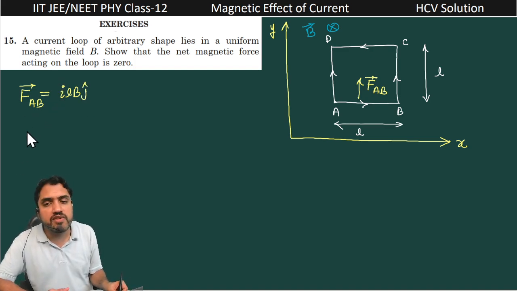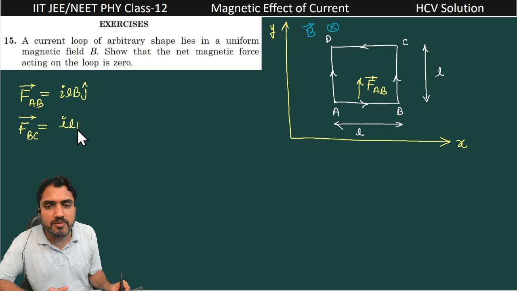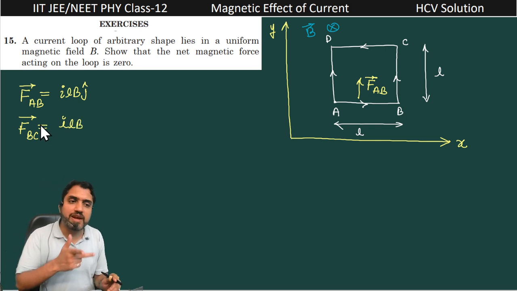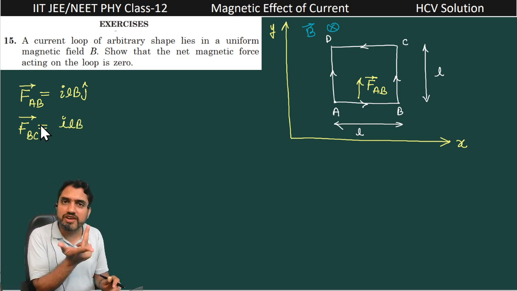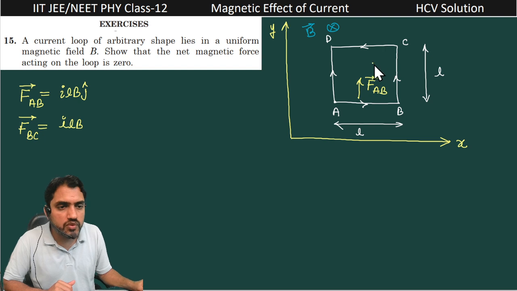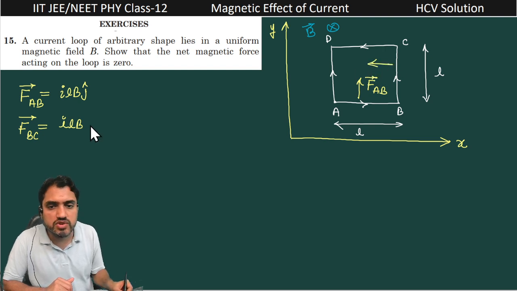Now the force on BC: again current I, length L, magnetic field B. The magnetic field is inward and the current is flowing in the upward direction, so the force will be in the negative I direction. You can write this as minus I cap.